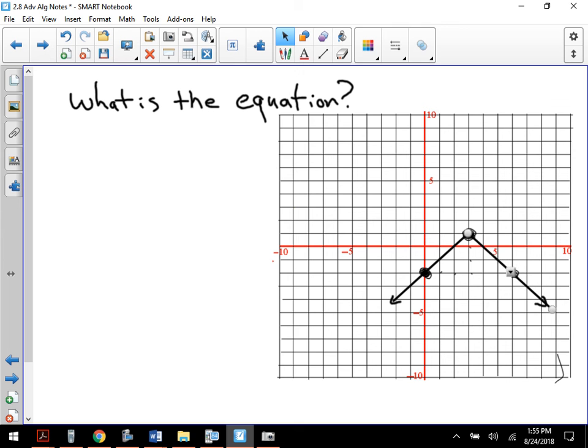Sorry, not to scale. Is that better? Sorry, I thought it was wrong to begin with. Anyway, let's see.